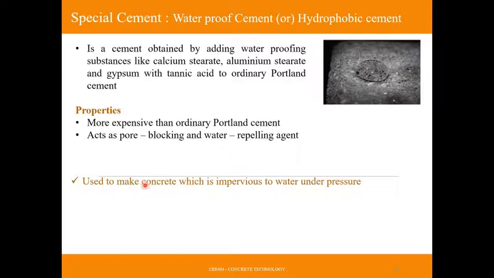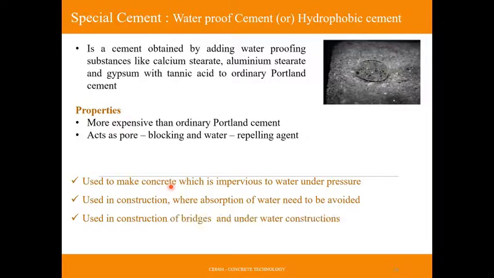It is used for making concrete which is impermeable to water, even underwater, and impermeable to water under pressure. It is also used in construction where the absorption of water should be avoided, such as in the construction of bridges and underwater structures.